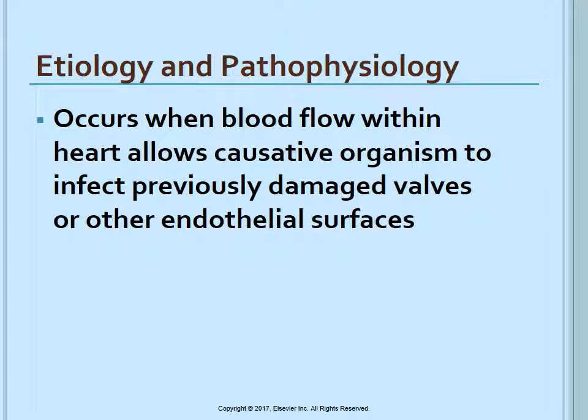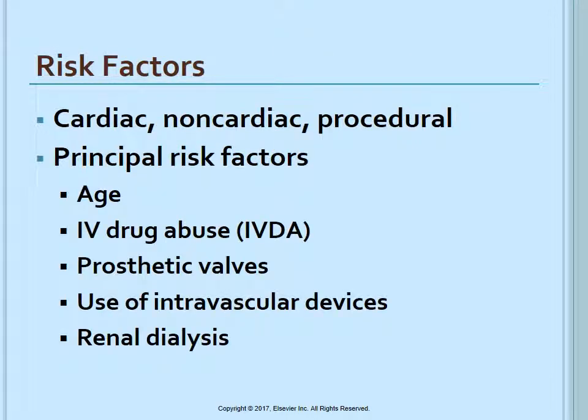IE occurs when blood flow within the heart allows the causative organism to infect previously damaged valves or other endothelial surfaces. IE can occur in persons with a variety of underlying cardiac and noncardiac conditions, as well as those undergoing invasive procedures.